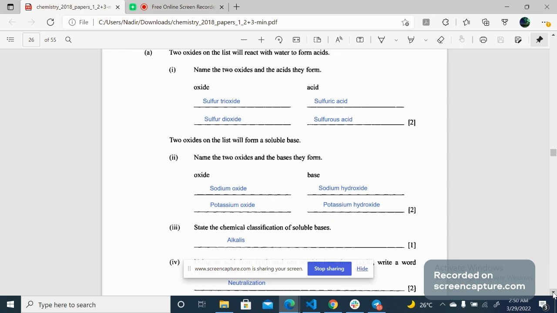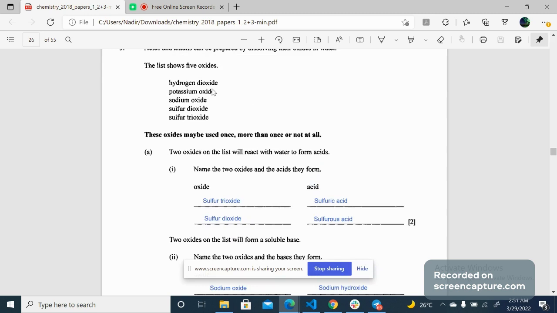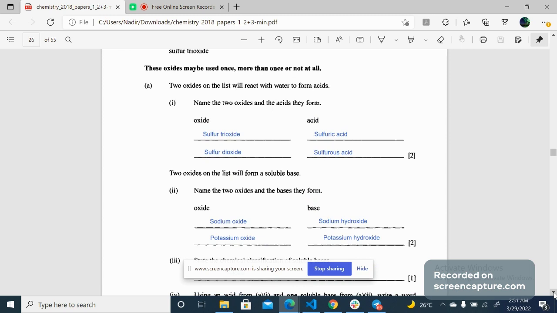So these are sodium oxide and potassium oxide, as you can see in the list. These are the two oxides that, when put into water, are soluble and form soluble bases, resulting in no precipitation, and the product is formed as a base.